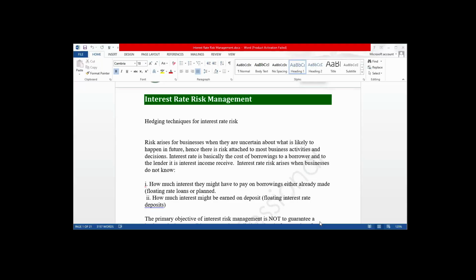We are to borrow 500 million. Definitely, if you are going to borrow money, our company will pay interest on the amount borrowed.